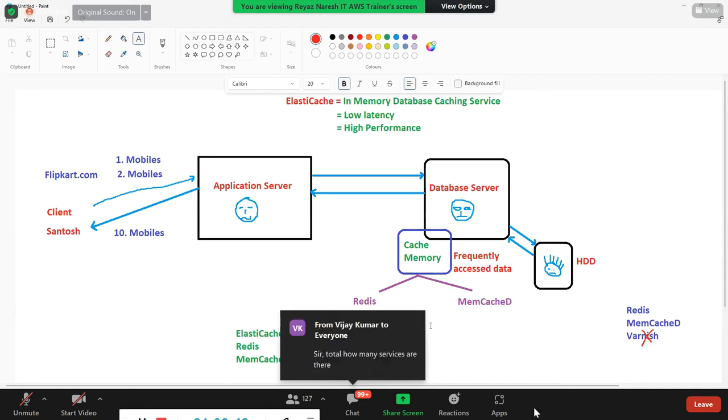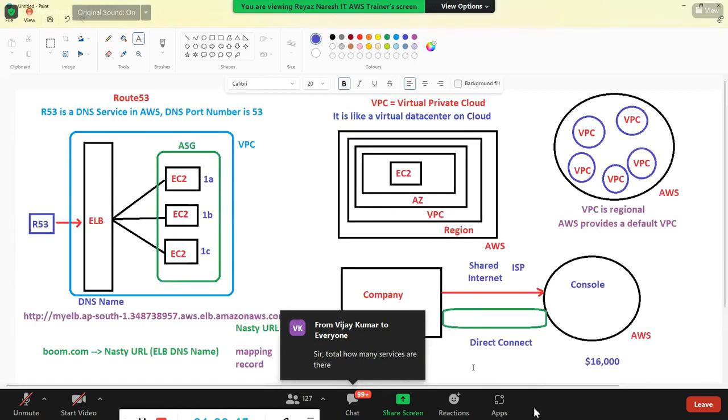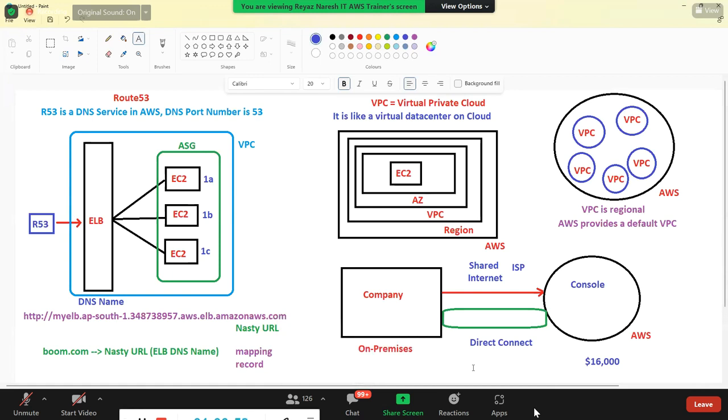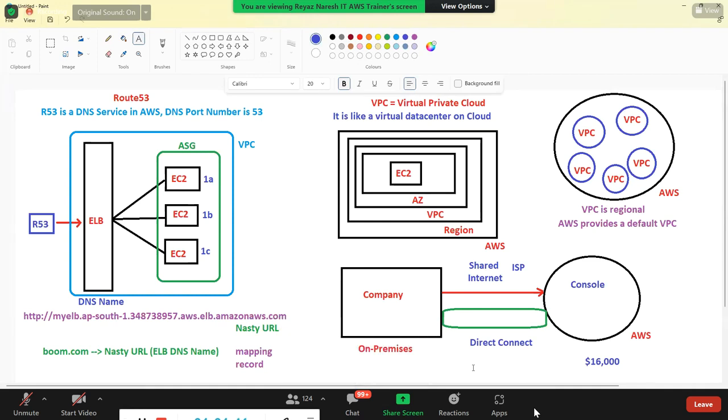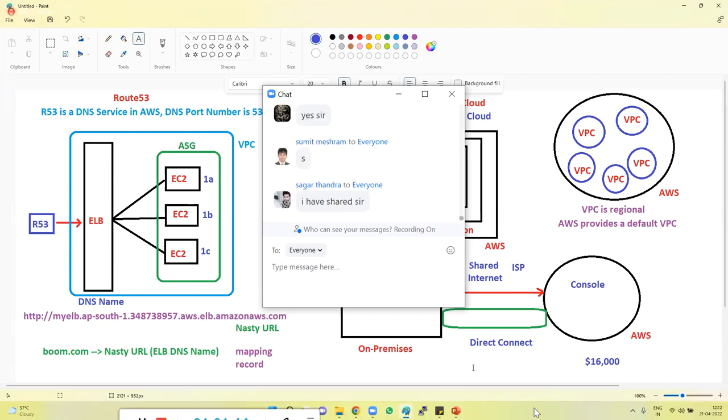Yes, practicals will be done. Definitely, yes. But I have sent a few PDFs, few materials. Did you get that material in the group? Good, Sagar. Can you put the WhatsApp link also here?